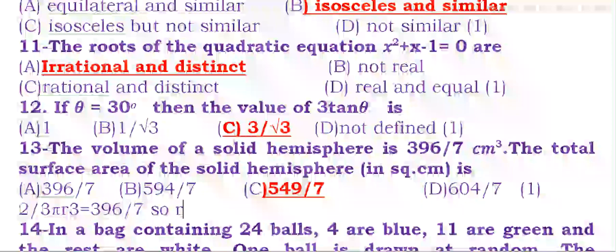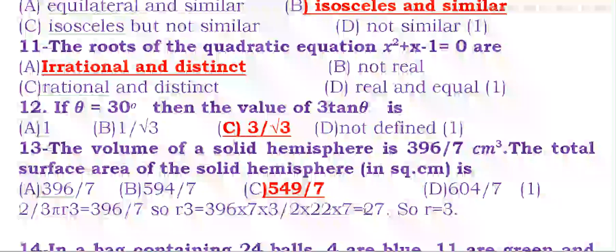So r cube is equal to 396 by 7 into 7 by 22 into 3 by 2, that will be 27. So r is equal to 3.